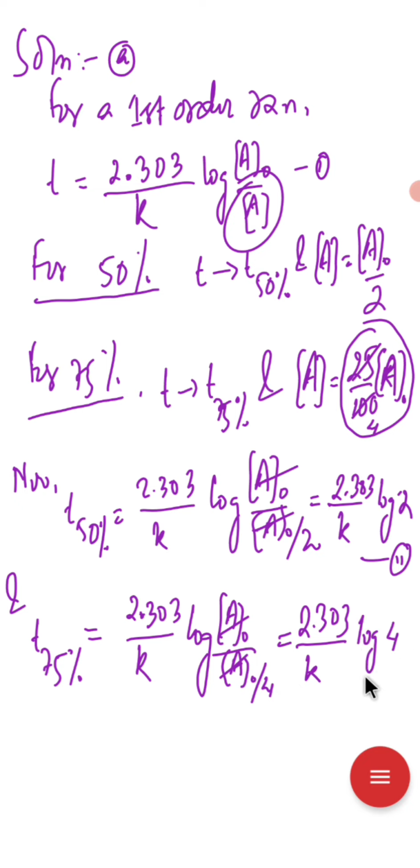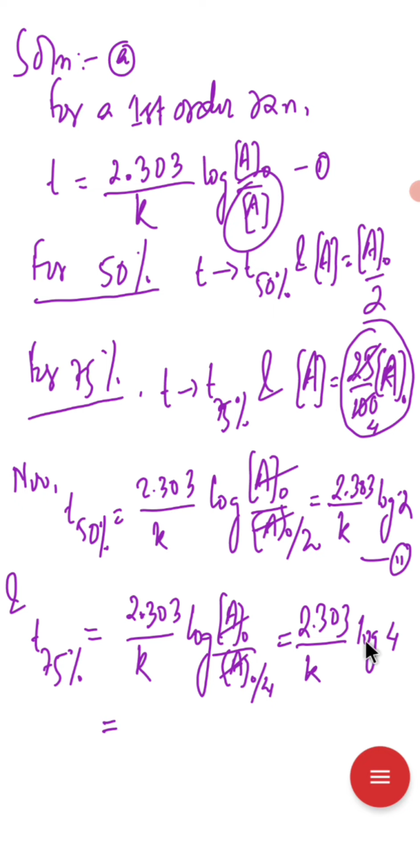So log 4 can be written as log 2 square, right? And that 2 which is in the power can come in front of this log from the property of logarithm.